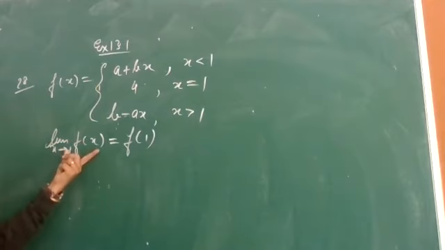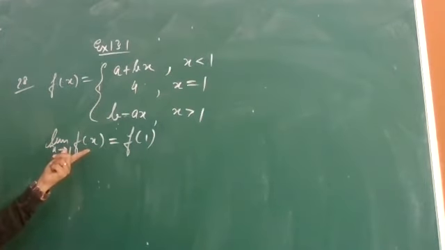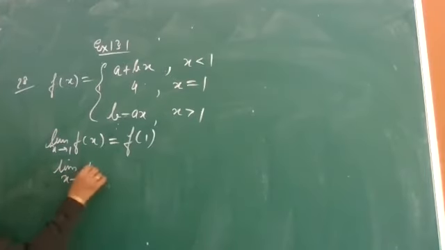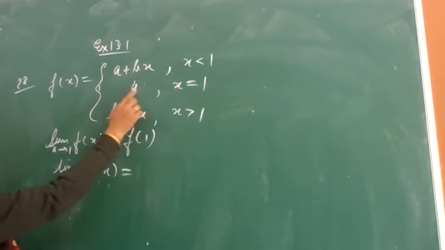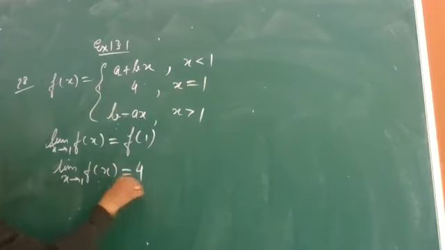Now when we look at this, what comes to our mind? From x equal to 1, we can say that limit x tends to 1 of f(x) is equal to f of 1. When we put 1 here, we get the function as 4. We have this value as 4. Yes, this much has come. After that, something more should come to our mind. What?